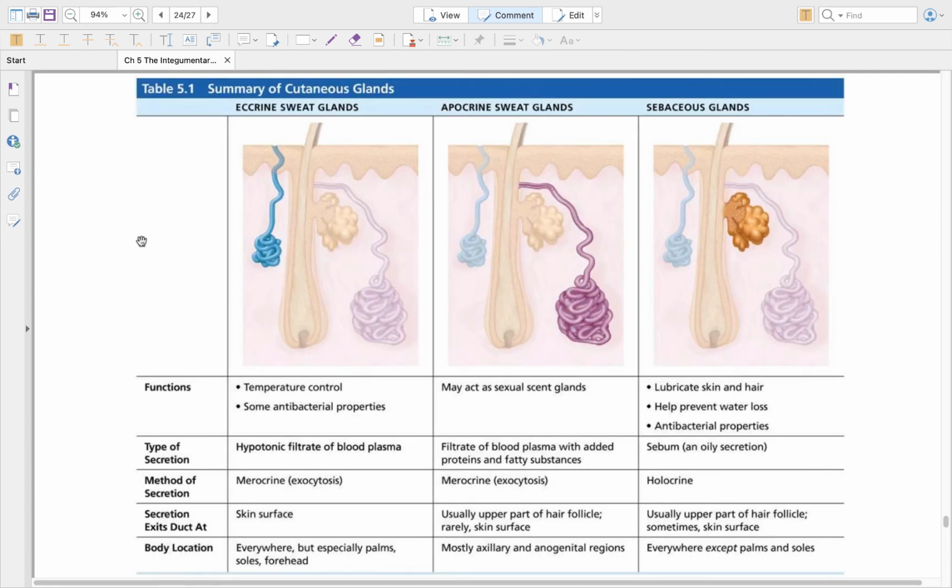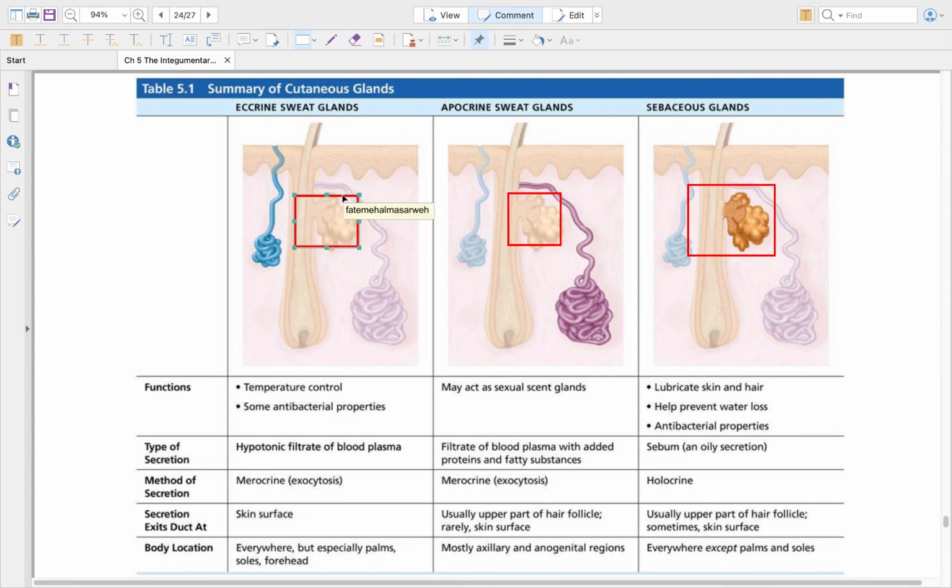Now I want to get this straight. We have glands, and I've mentioned two. The most recent one was the sebaceous oil gland. How do you know the difference? Well, let's look. The sebaceous oil gland is always connected to the hair follicle. You can see it here, too, and there.